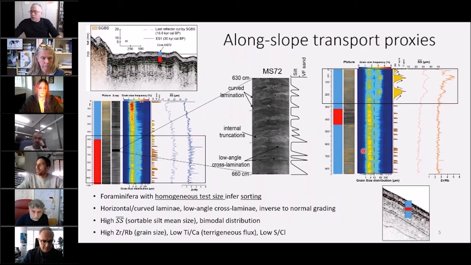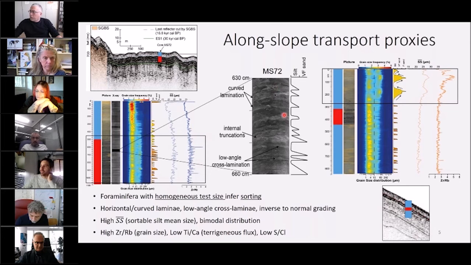To identify sediments transported by bottom currents, we use proxies such as foraminifera, because when they present homogeneous size, they tend to indicate sorting. In the sediment structures, we have laminations, such as horizontal laminae, or grading, which help us identify sediments reworked by bottom currents.